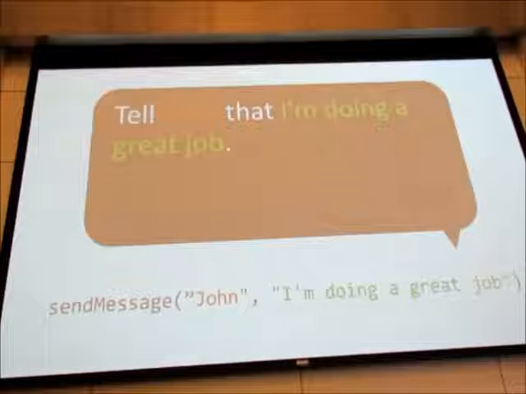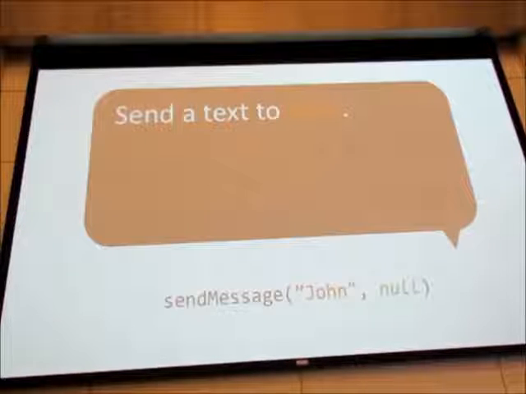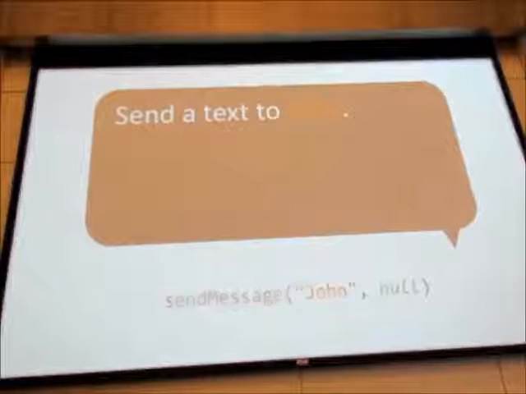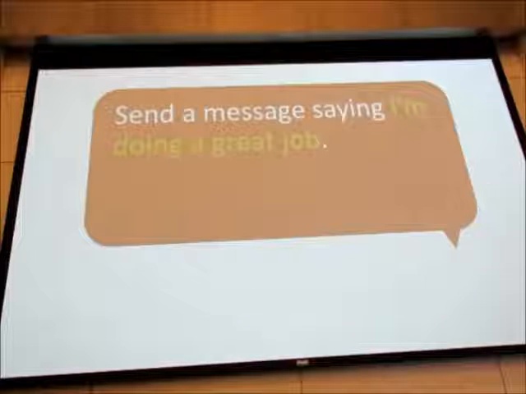But at the same time, we could have received some other sentence, for example, send text to John. Here we have a receiver, but we don't have a message. So in this case, in our bot, we would need to ask for a message, because we have a receiver, we don't have a message. Another use case, same stuff: send message saying I'm doing a great job. To whom? We don't know.